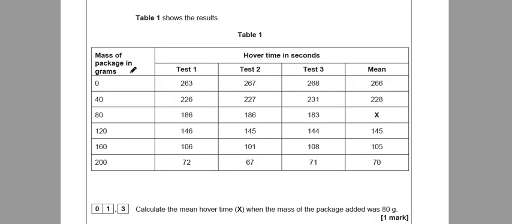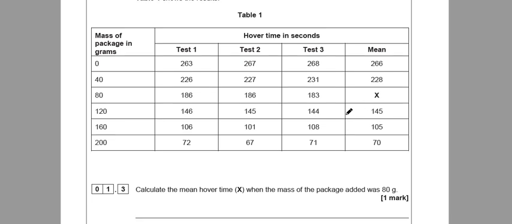The table shows the mass of the package in grams and the time measured 3 times, and here is the mean. Certainly I will ask about x. We will add these three numbers and divide by 3.